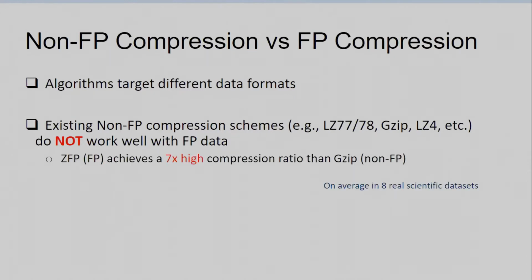One test we made on real scientific data sets shows ZFP, which is a typical floating point compression, can achieve 7 times higher compression ratio than gzip, which is a non-floating point compression. Actually, gzip has almost no compression.